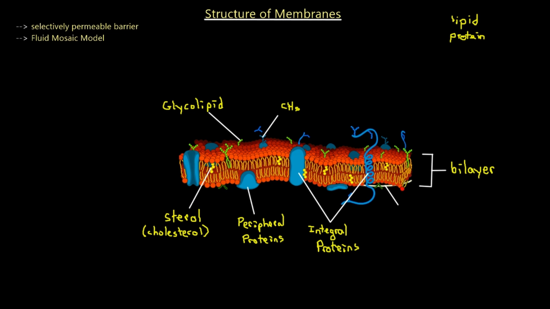So for example, if we're looking at the inner mitochondrial membrane, which contains a large amount of protein, it is about 75% protein and 25% lipid. Now, if we're looking at just the typical cell plasma membrane, not the mitochondrial membrane, it would contain about 50-50, so half lipids, 50%, and 50% protein.